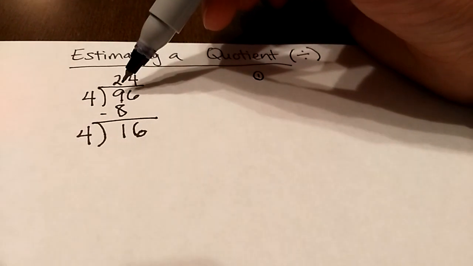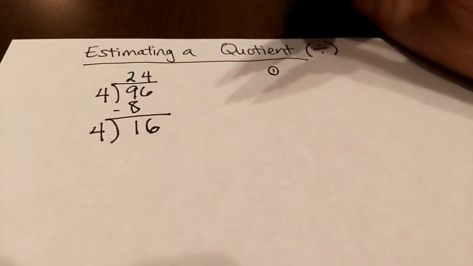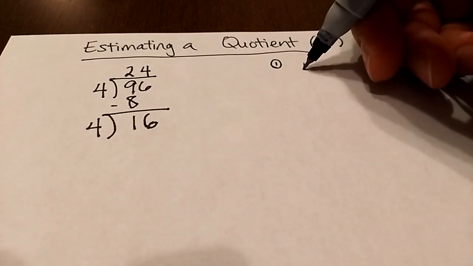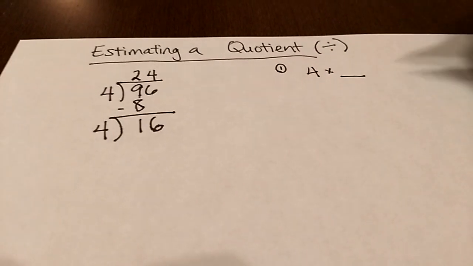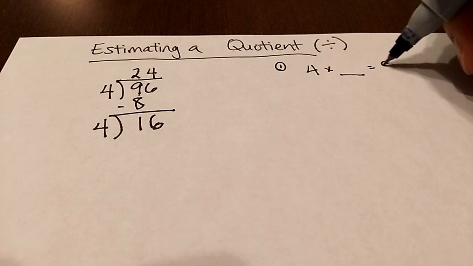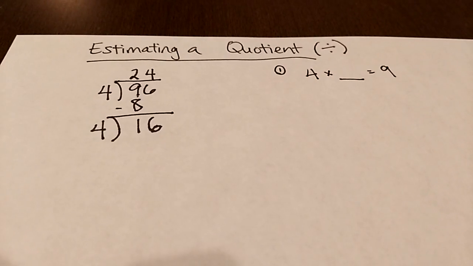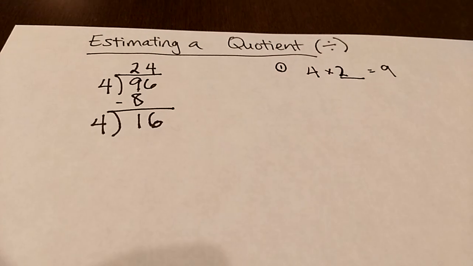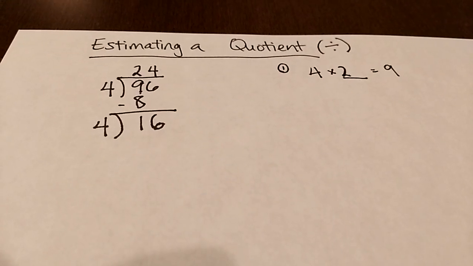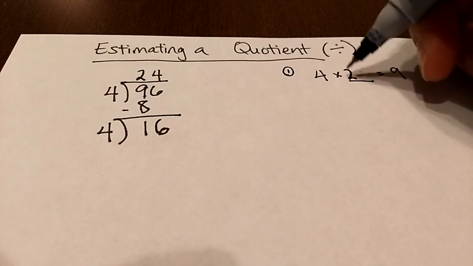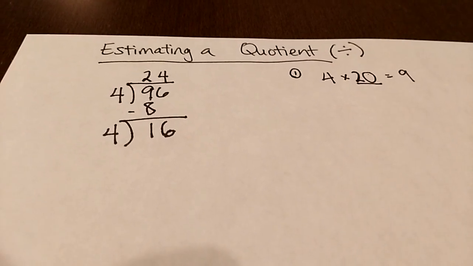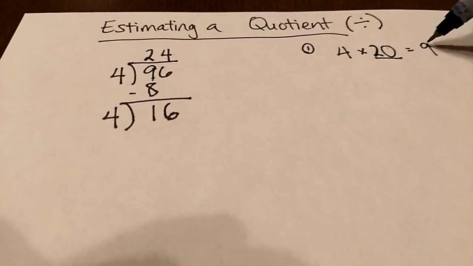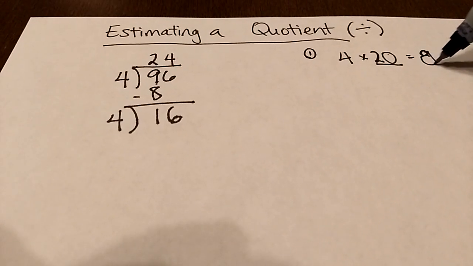So if I look at my first number, the 9, 4 times what is going to get me close to that 9? Well, it's going to be 4 times 2, because 4 times 2 is 8, right? And so I'm going to use that 2, and I'm just going to turn that into a 20 because we don't want 8, we want 80. So 4 times 20 is going to give us 80.